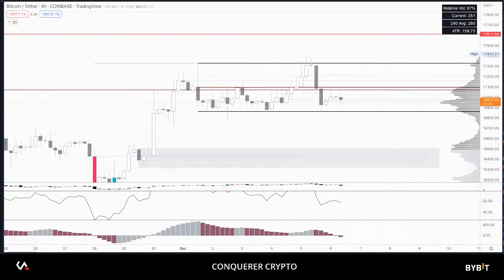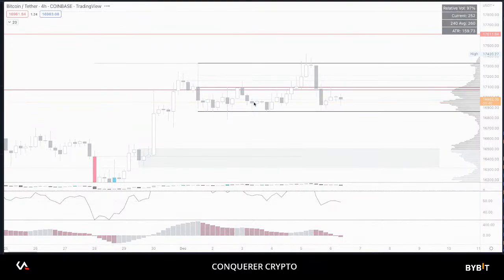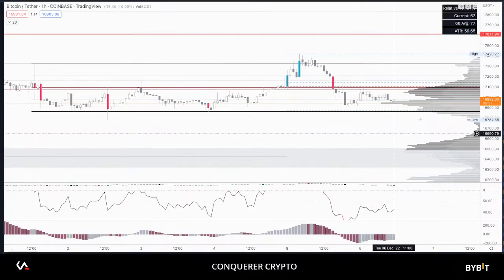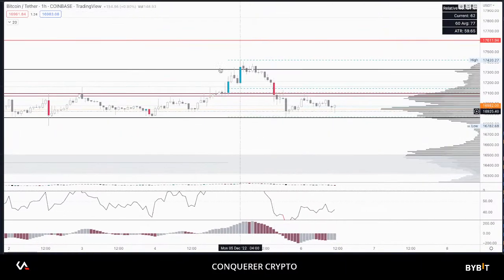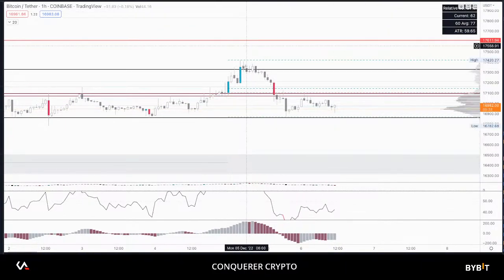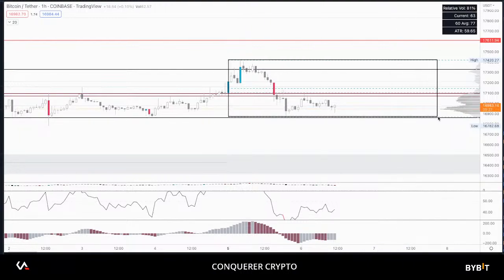Let's go into lower time frame, since we know what to expect now. See, on the lower time frame, we also have this Monday range now. We're inside this Monday range. That's the mid range.